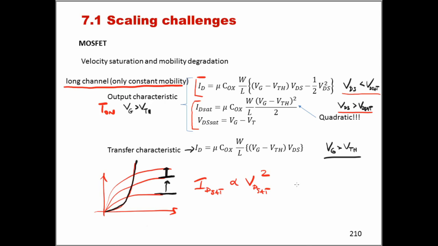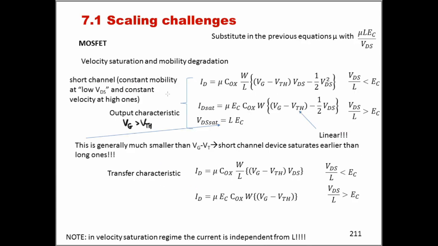Let us now see how we can transform these very nice and clear formulas when we are dealing with a short channel transistor. And this is what we are doing here.